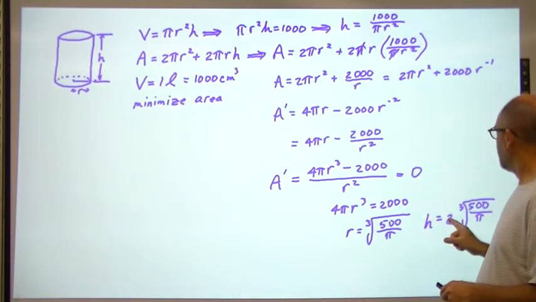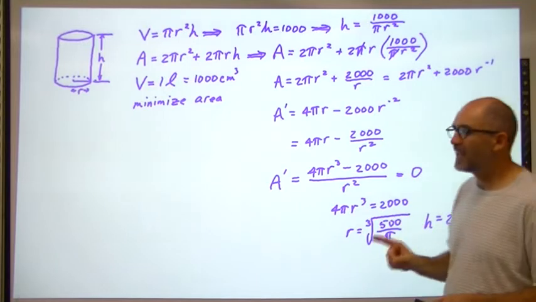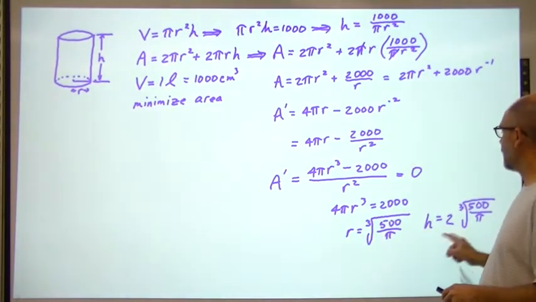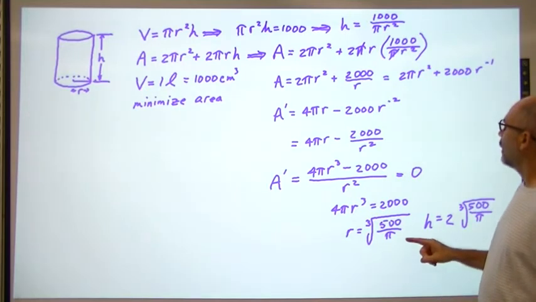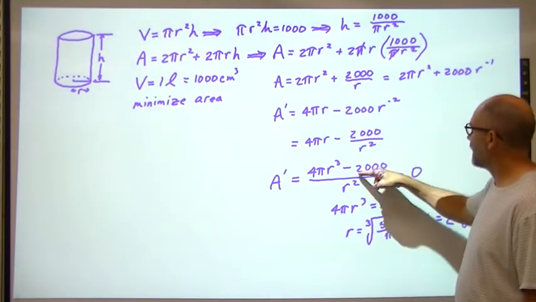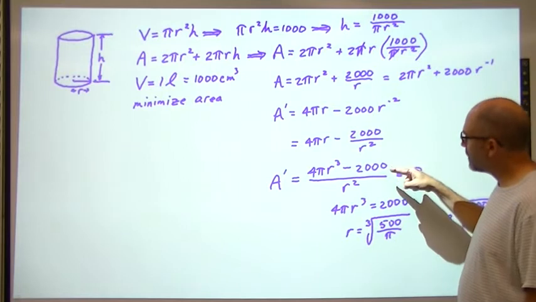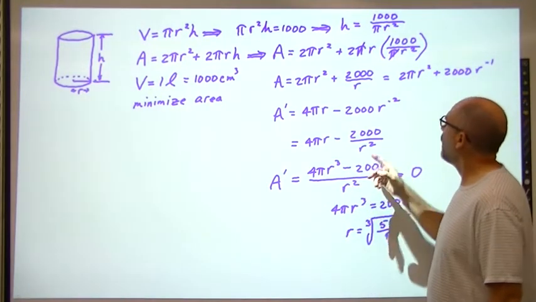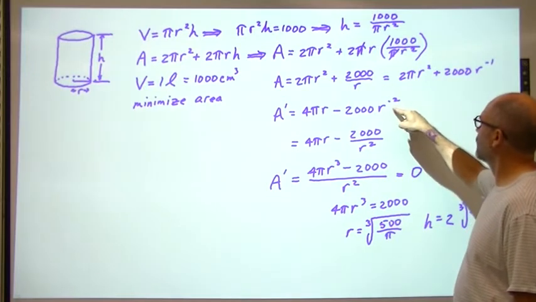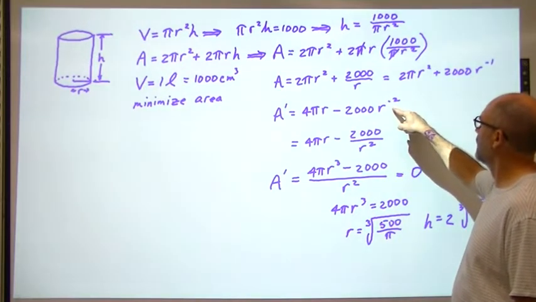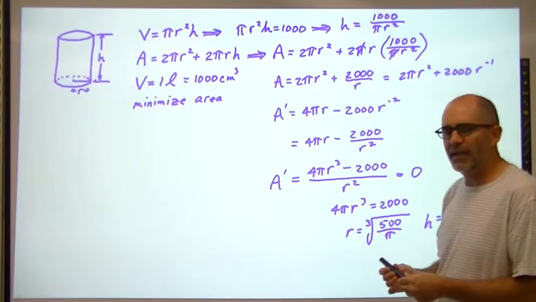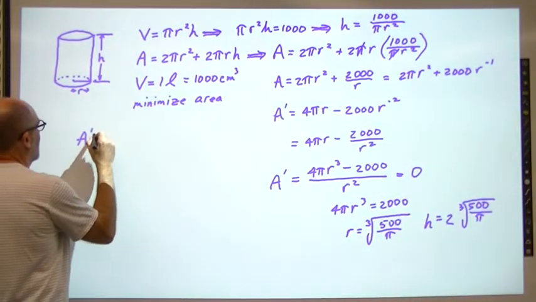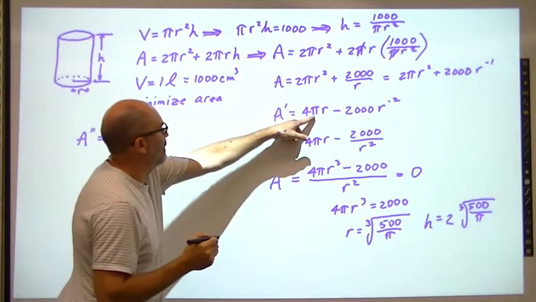Now, how do we know, once again, that this is the minimum area? Well, we could take the second derivative, which would be kind of a nightmare because we end up with, oh, I guess no, it wouldn't be. If we take the second derivative right here, that ends up being easier. So let's check that out. If we take the second derivative, then we're taking the derivative right here.